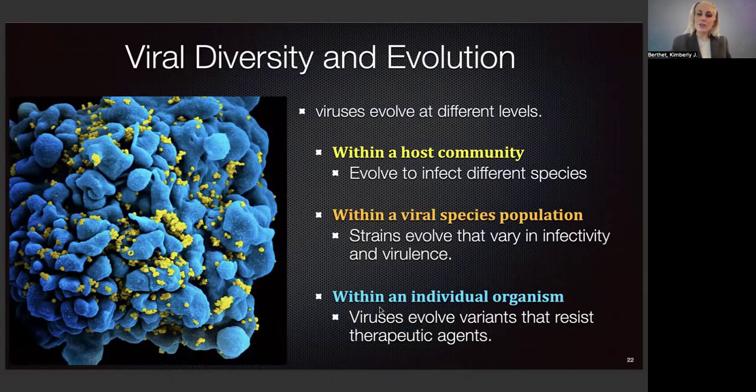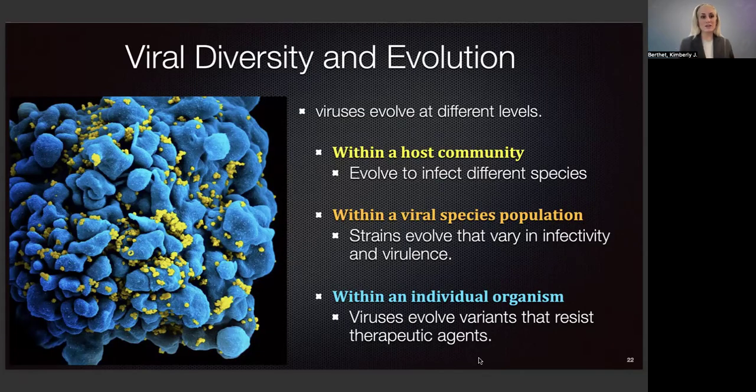Then we can have it within a species population. So we can have different strains that start evolving within species populations and even within an individual organism, meaning just you yourself as an individual can cause natural selection on the virus, whether that be due to your immune system, whether that be due to antiviral therapeutic agents. The virus can change within your body.